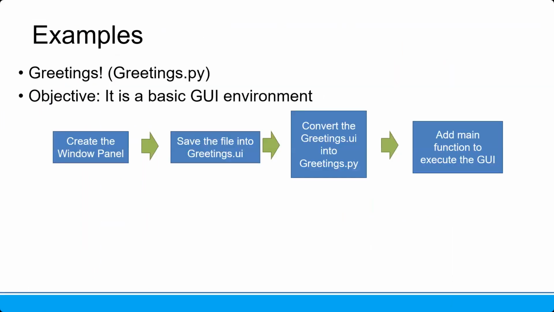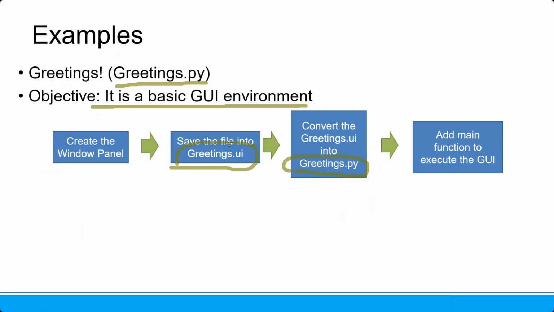Now let's make an example. I'm going to create an application about greeting. We are going to make greetings.py, and the greetings.py is from greetings.ui. So it is a basic GUI environment.